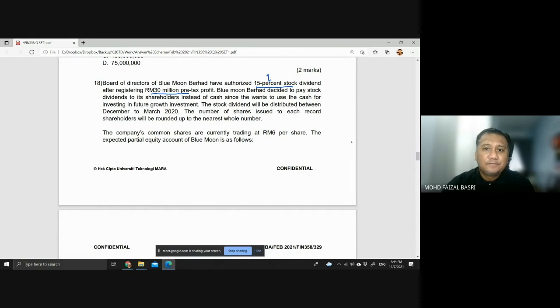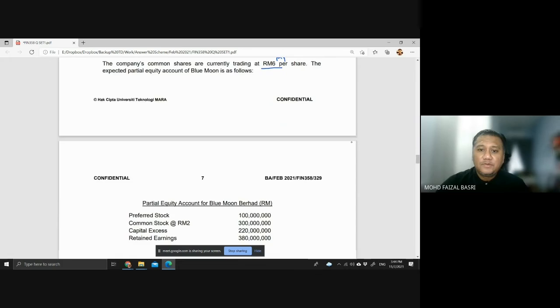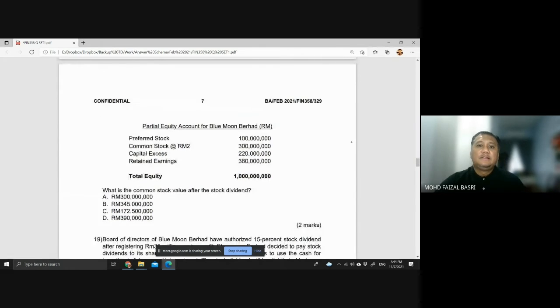And the number of shares issued to each record shareholder will be rounded up to the nearest whole number. Okay. The company's common shares are currently trading at RM6. So this is a market price. So this would be the partial account.